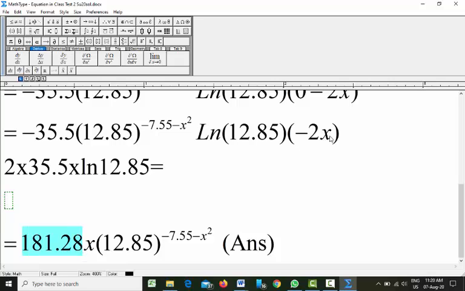And then we have an x there, so we will get that x, and then we have the remaining part, this one. So that's the answer.